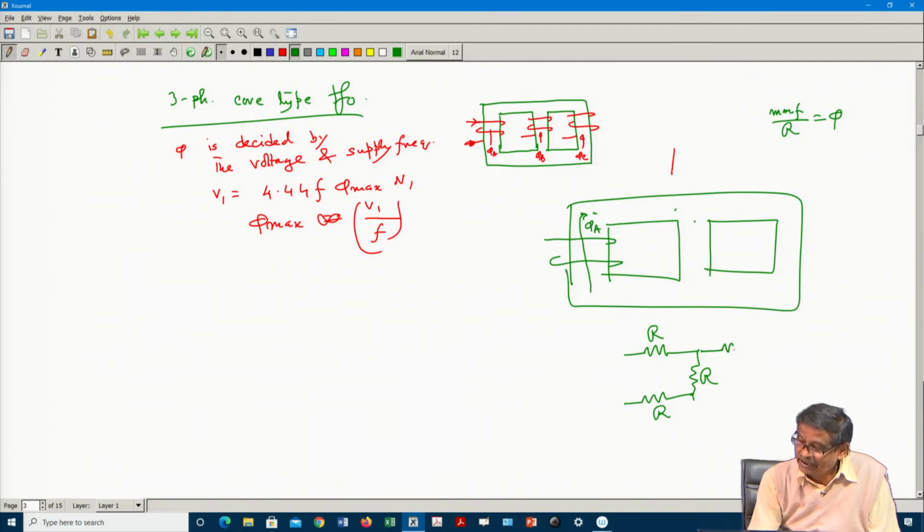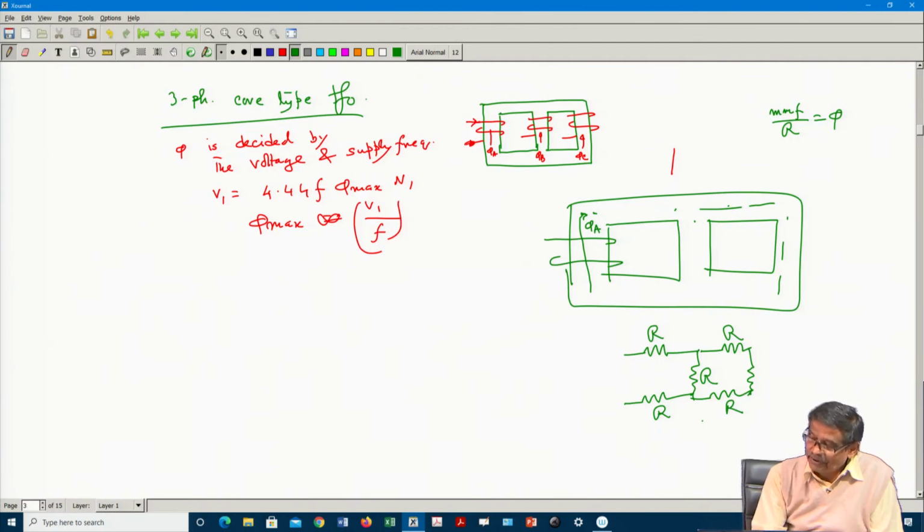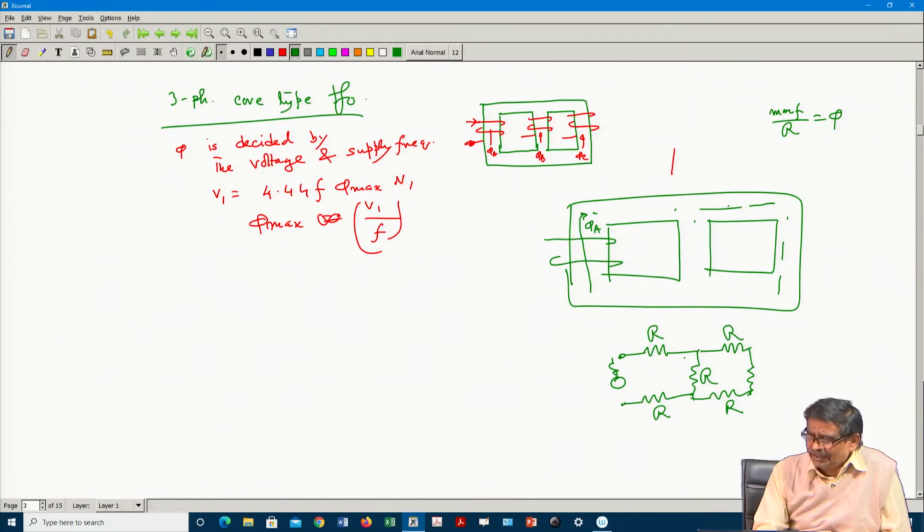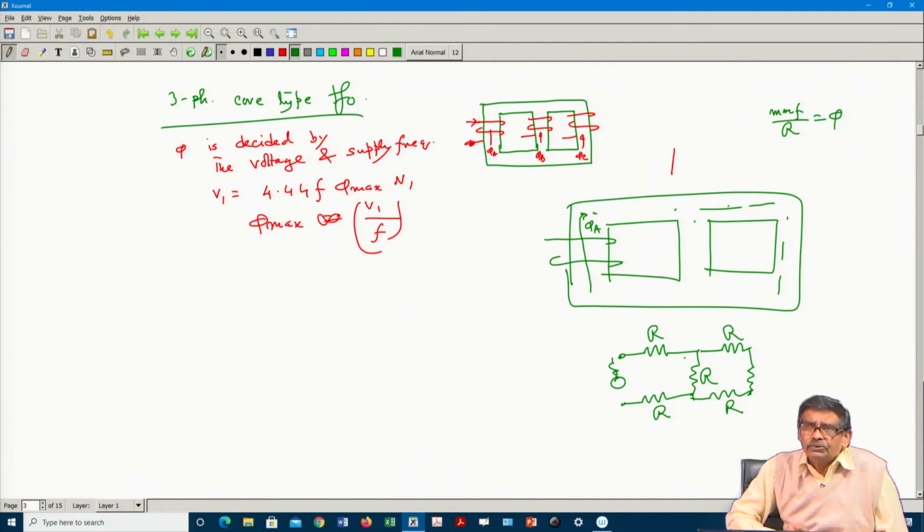Similarly, here is the reluctance for this path, and for this path there is another reluctance, and then this one. Got the point? Then I can find the equivalent reluctance seen by this MMF, by the series-parallel method, whatever you do.